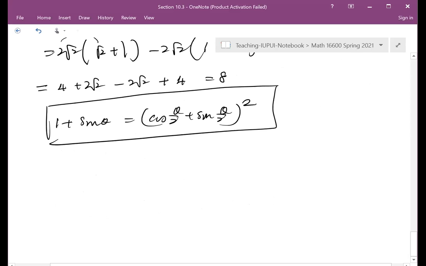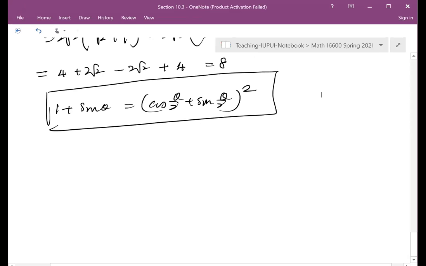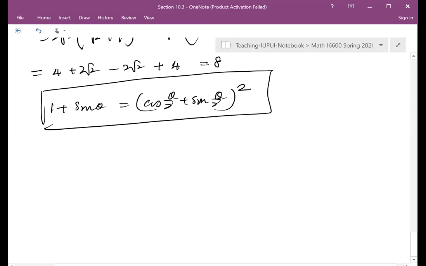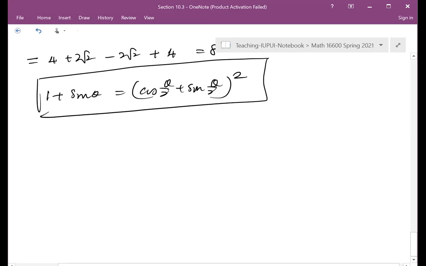Now, we're trying to find the area enclosed by a polar curve. How do we find that?